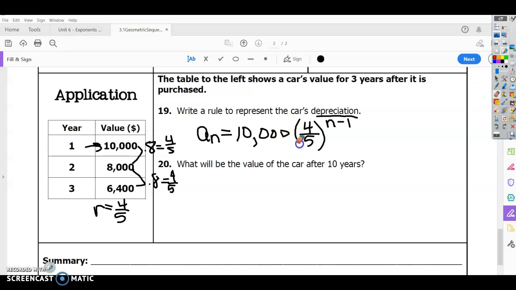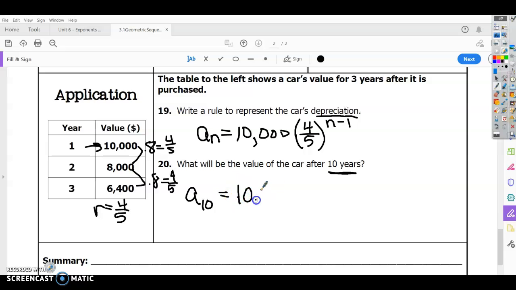So this is our equation for this table. Number 20 says, what will be the value of the car after 10 years? We're going to plug in 10 for n, the 10th term, because the table gives us the first 3 terms. What is a sub 10, or after 10 years?